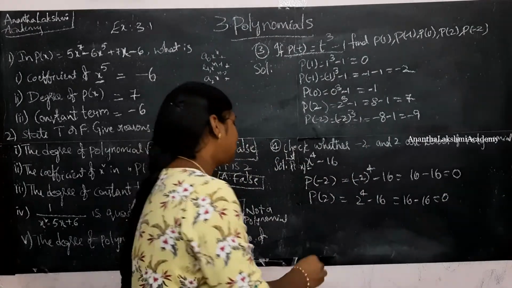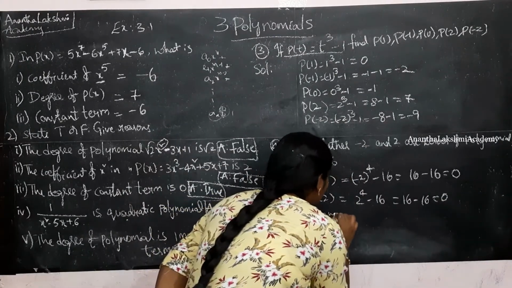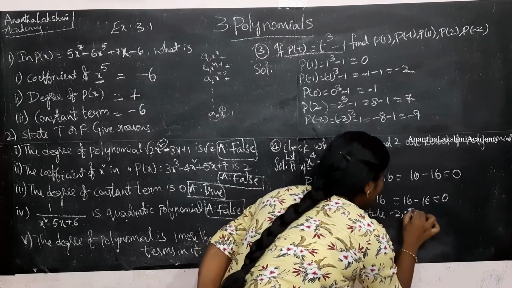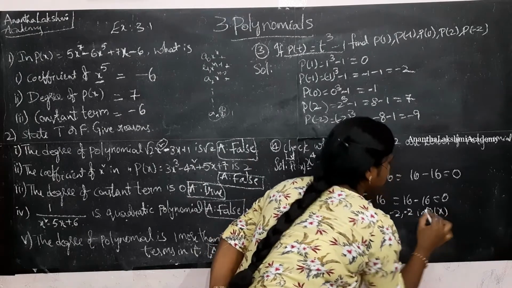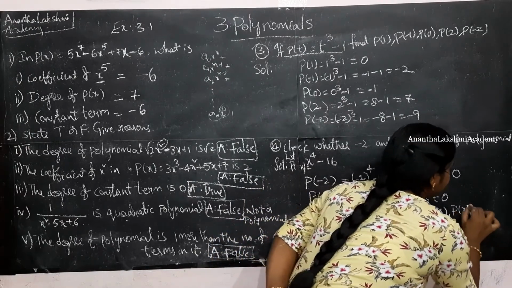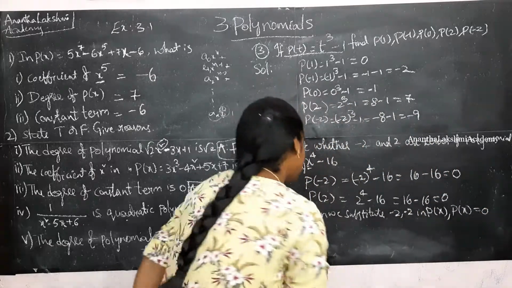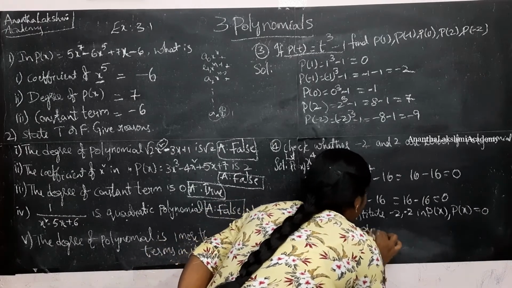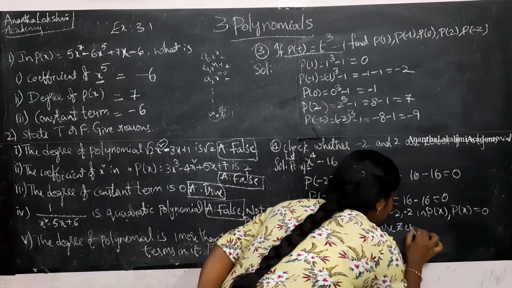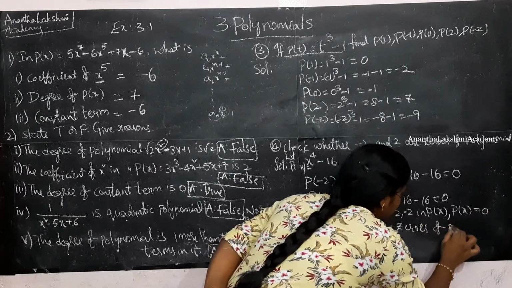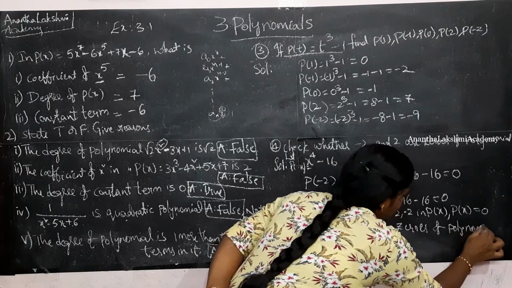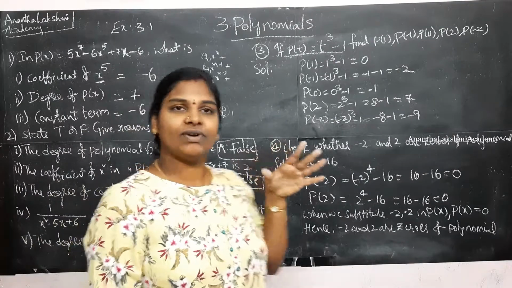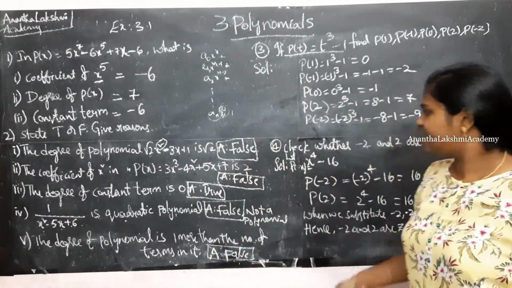So when we substitute minus 2 comma 2 in P of x, P of x value is 0. P of x is equal to 0. Hence, minus 2 and 2 are zeros of the polynomial.